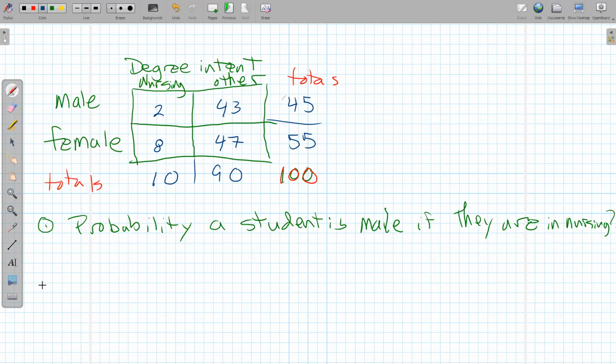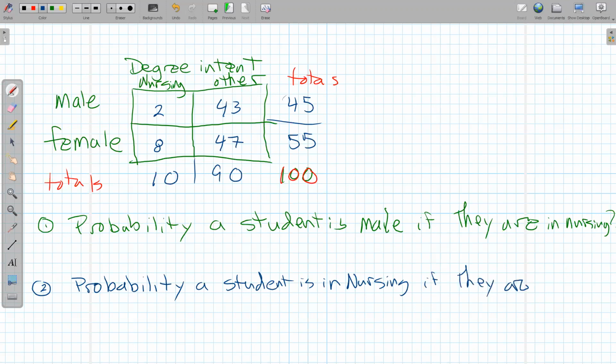And I'm going to ask a similar but different question. Probability a student is in nursing if they are male.